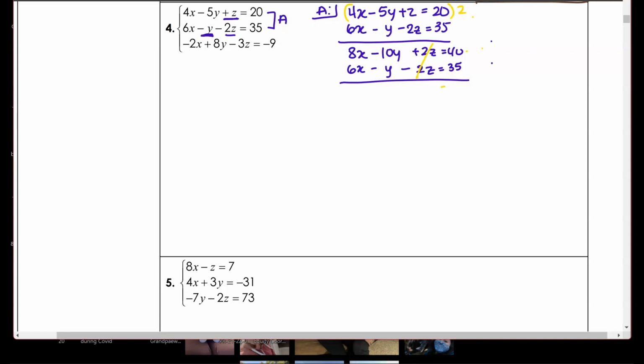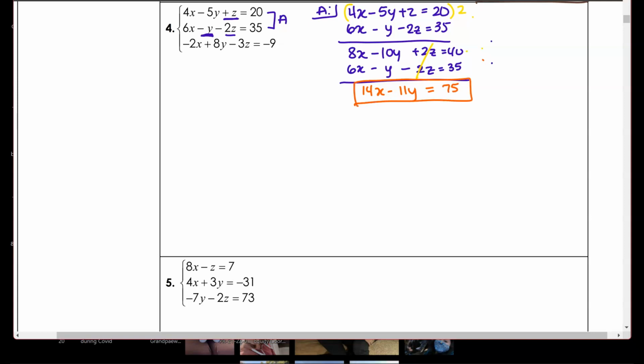They're gone. And so I'm left with 8x plus 6x, that's going to give us a 14x. Negative 10y minus y, that's going to give me a negative 11y. And then this is going to equal 40 plus 35, which is a 75. So this is my next equation to compare.